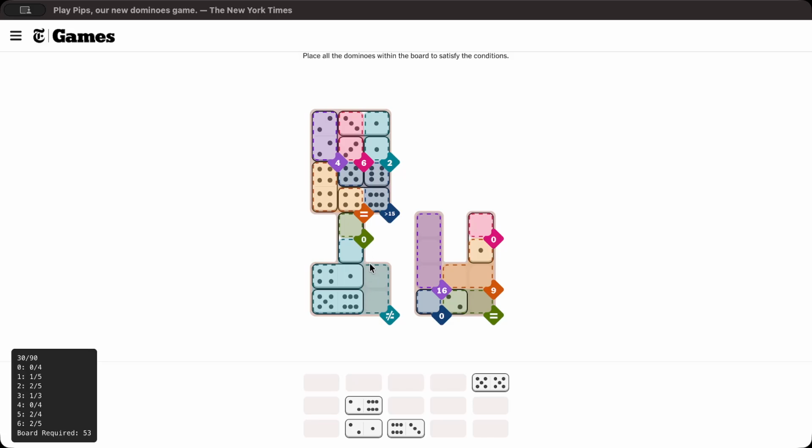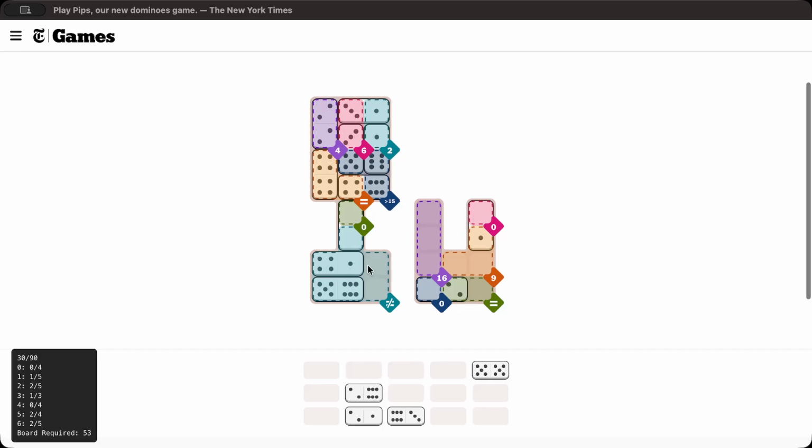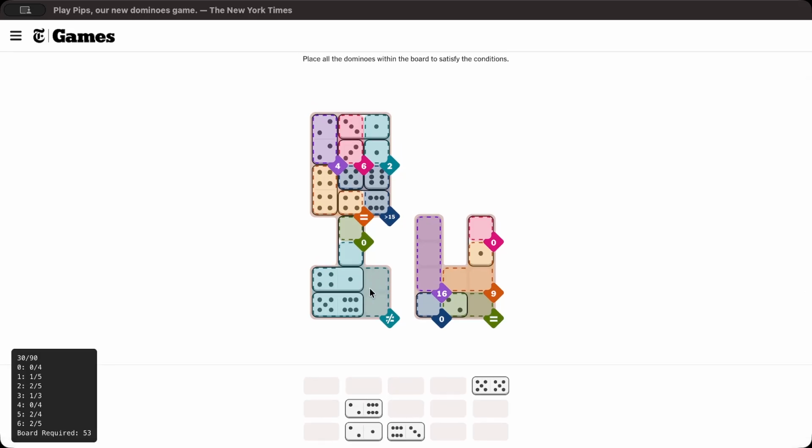We need a 2 and a 3. So maybe this is the harder thing to actually fill in then. Is that where I should have been looking all along? 1, 2, 3, 6. Maybe that's where I needed to be looking. I was looking in the wrong spot.